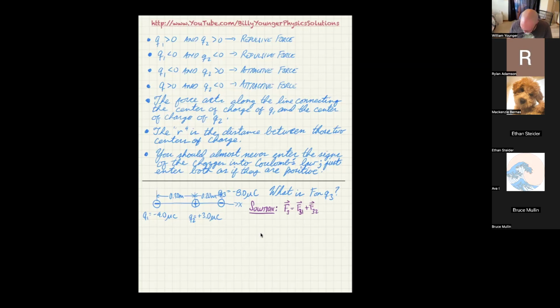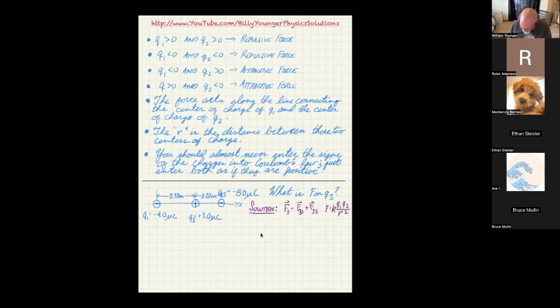Now, the important thing is, as I told you, I want to use F is equal to K Q1 Q2 over R squared, and I don't want to put the signs in, but I do want to make sure I understand that it's a vector quantity. So what I need to think of first is in which direction is F31.